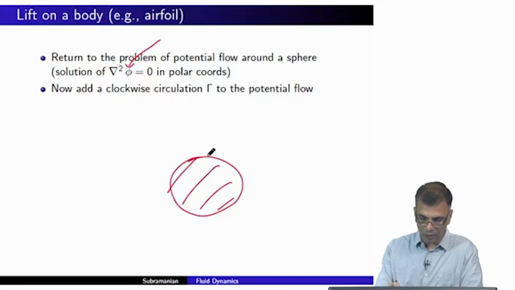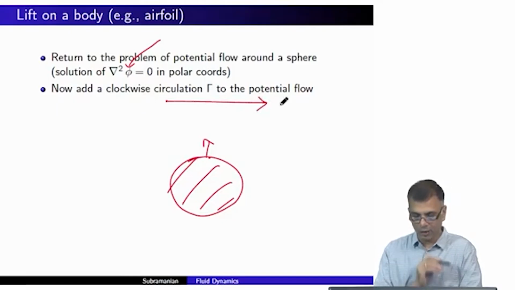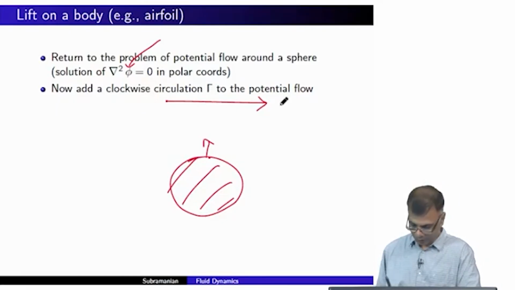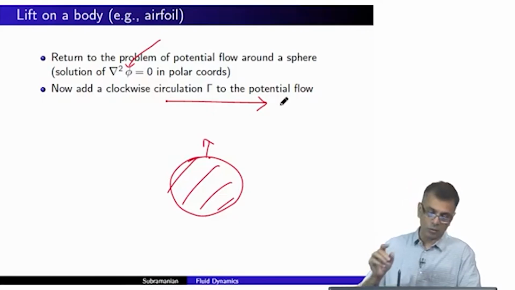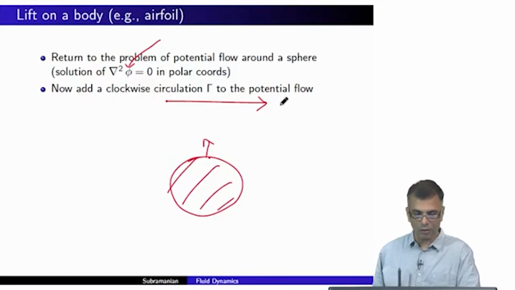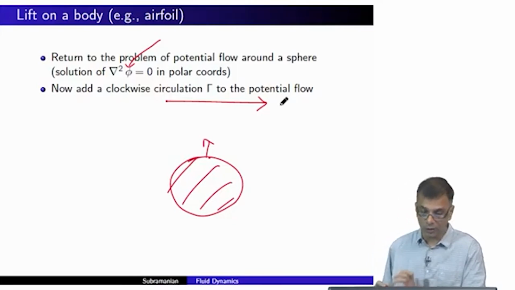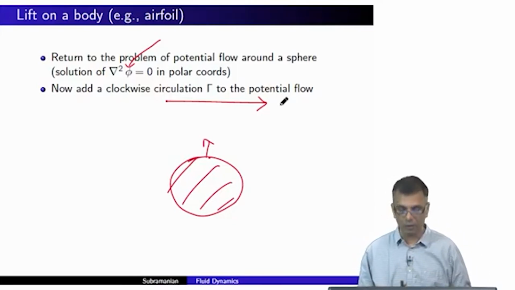The two boundary conditions we had applied were that the normal velocity was 0 and the velocity at infinity was equal to the undisturbed velocity, which is like this. So we applied that to the general solution of del square phi equals 0 in polar coordinates, and we had obtained the solution.